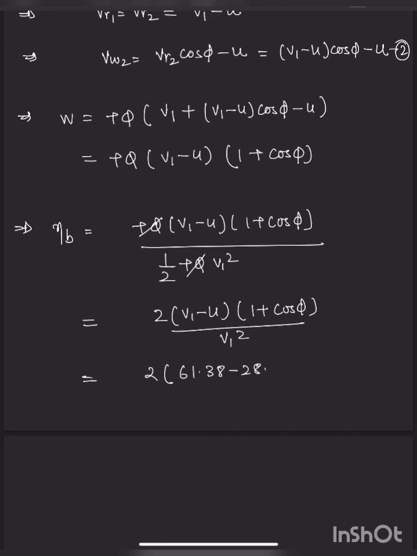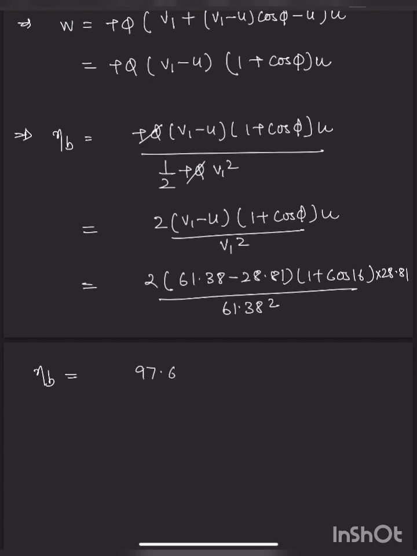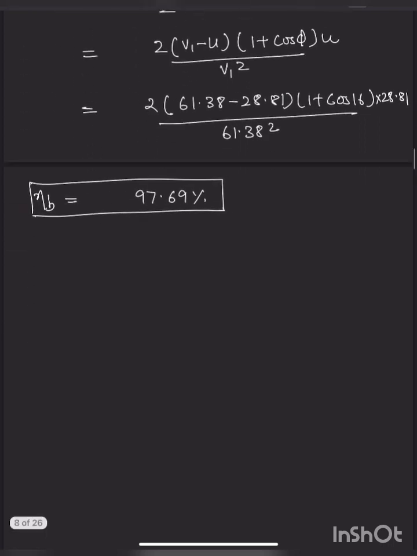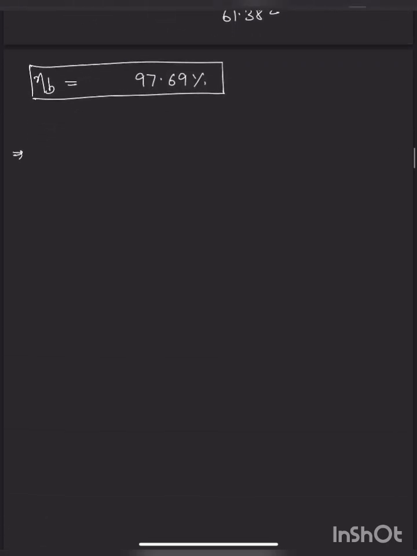Let us put the values. So 2 into V1, which we have calculated as 61.38, and U is 28.81, 1 plus cos 16, divided by 61.38 whole square. So the blade efficiency is 97.69%.